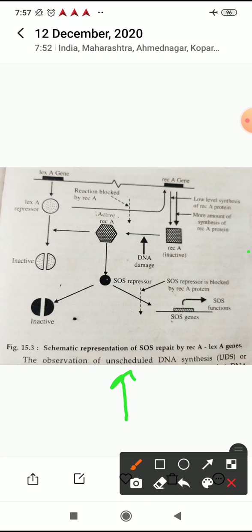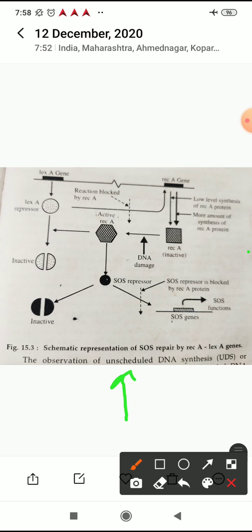In other words, this is the mechanism by which Escherichia coli cell repairs its large amount of DNA damage, and that is called as a SOS repair, also called as an indivisible DNA repair. SOS repairing mechanism is also known as a recombinational repair of DNA.